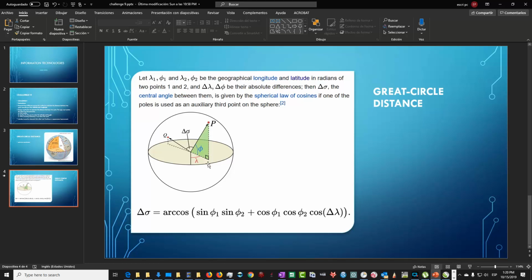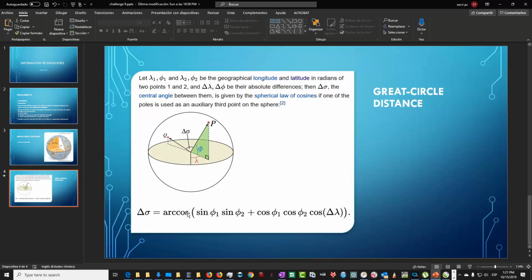Now, we need to solve these triangles to calculate the value of the angle formed by these two lines, and we need to calculate this angle because the distance from one point to another point running over the sphere is related with this angle. To solve these triangles we need some mathematical background from trigonometry.